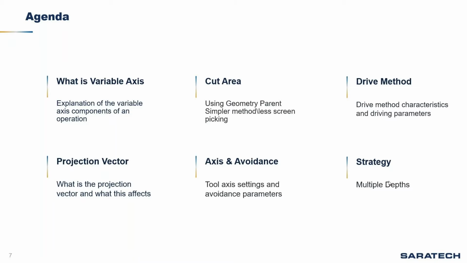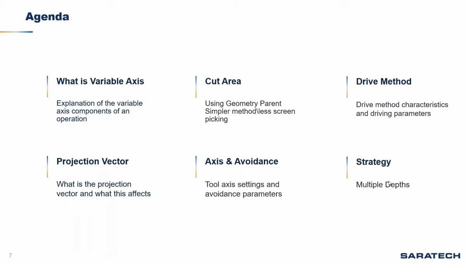So for this CES, we're going to talk about what is variable axis. We're going to discuss cut areas. One thing in cut areas that I see quite often in industry is that we don't utilize the parent geometry groups as often as we should. We're used to just picking the geometry per operation, which creates an excess of screen selection.